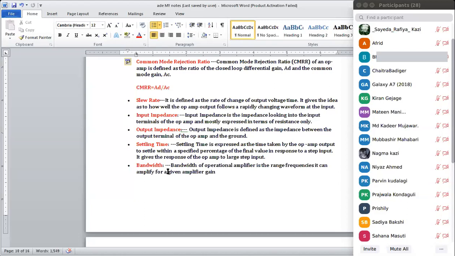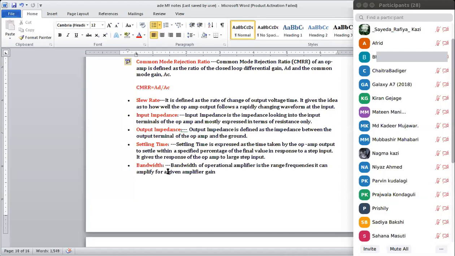Now if I give an input signal of 5 kilohertz, the operational amplifier will accept it and amplify the signal. Suppose I give more than 8 kilohertz, like a 9 kilohertz or 10 kilohertz input signal, then the op amp may not be able to amplify the signal clearly.